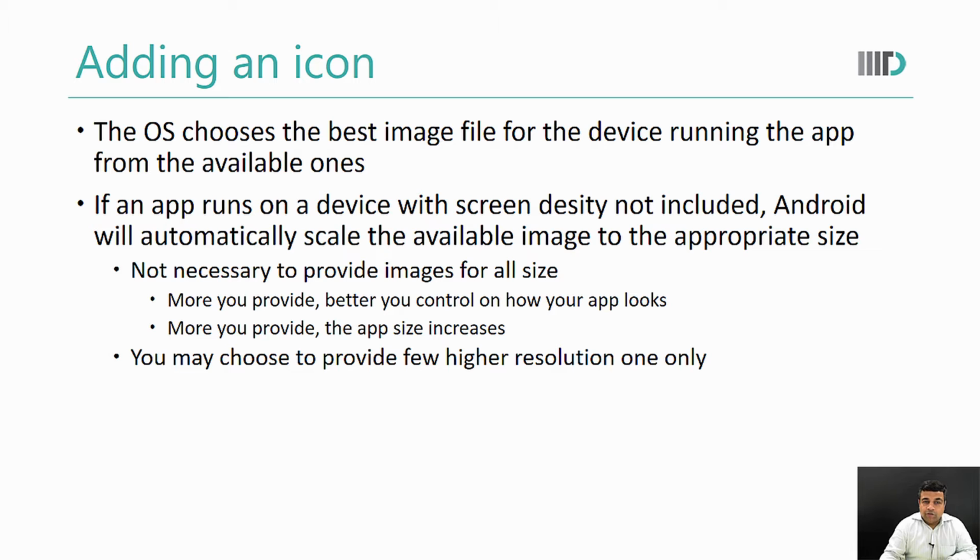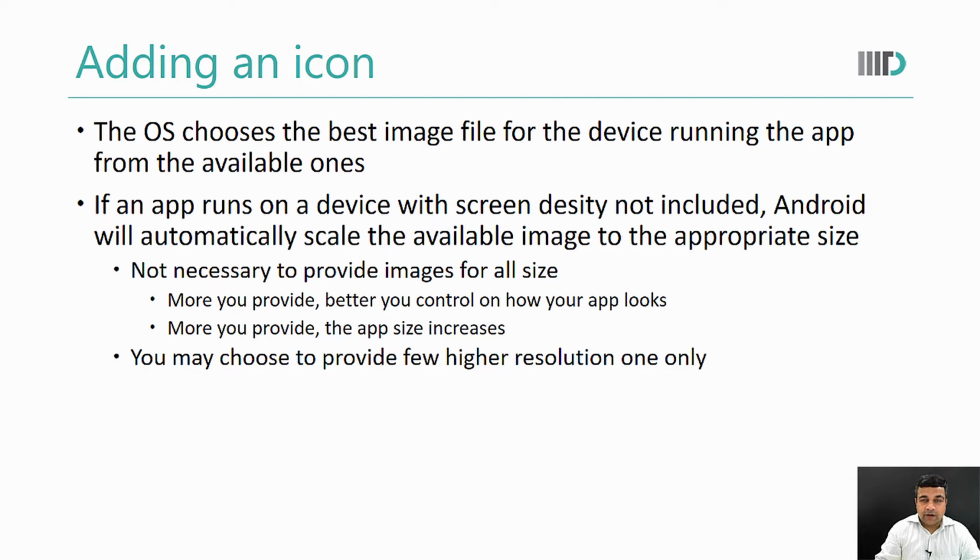One more thing. When you have added various icon images, the operating system chooses the best image file for the device running the app from the available ones. If an app runs on a device with a screen density that you have not included, Android will automatically scale the available image to the appropriate size. You may be tempted to provide images for all sizes, or you may be tempted to provide only one image. There is a trade-off here.